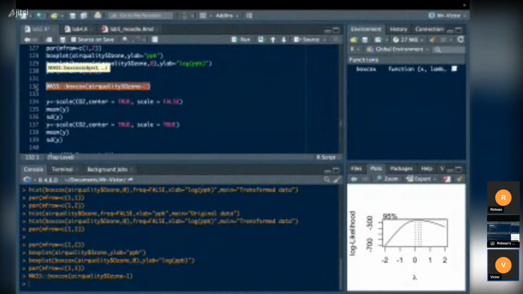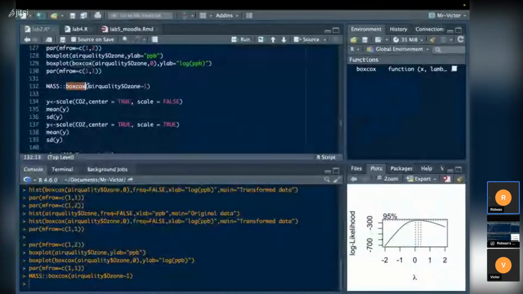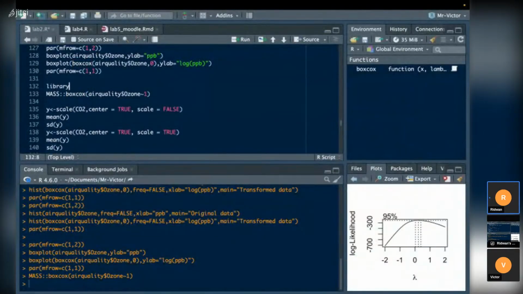So I'm seeing MASS. I'm seeing some dots. This MASS is the package name, and the two colons are used to call a library function. If you want to use a function from a package without calling the library, maybe because you're just using the function once, then I don't need to put the library line again.